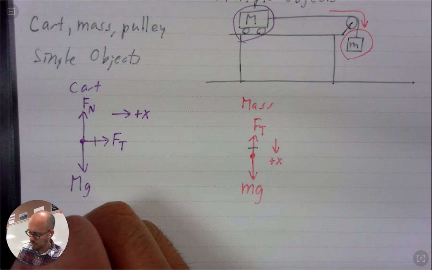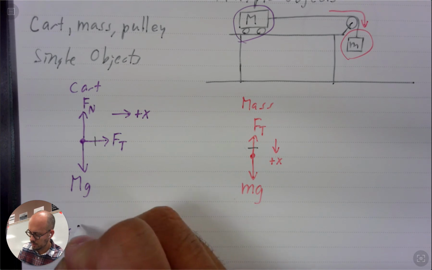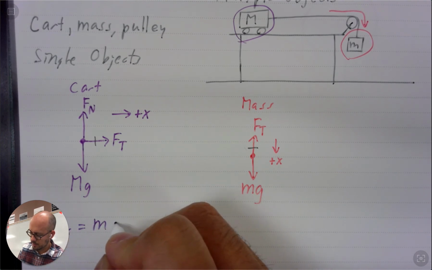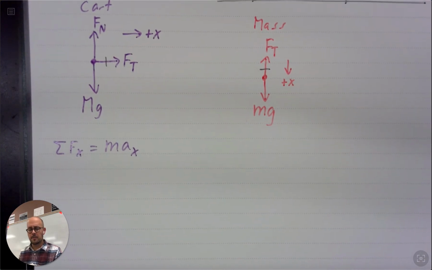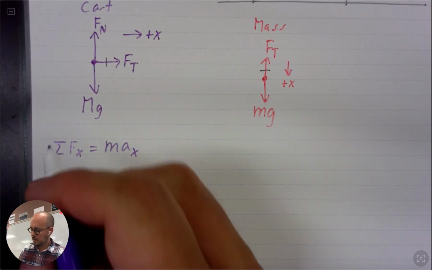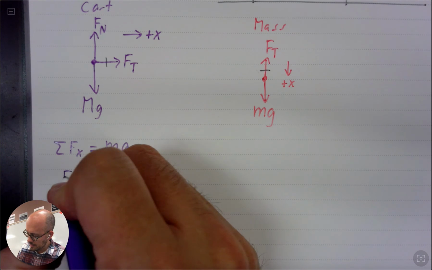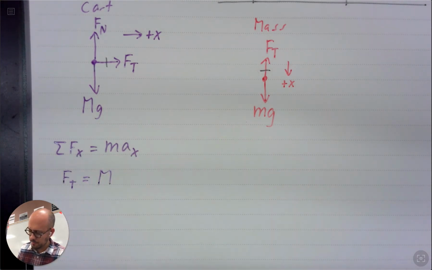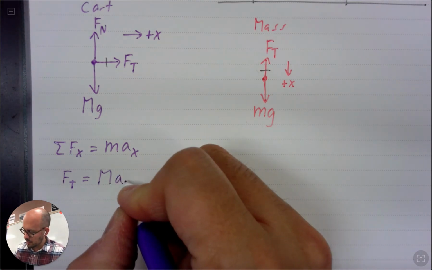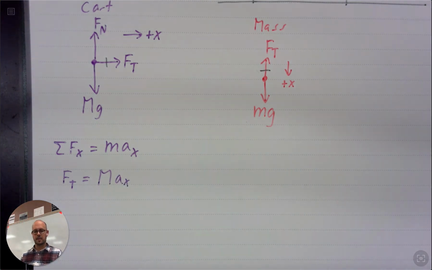So I'm just going to say net force in the x direction equals mass times acceleration in the x direction. And for the cart, it's pretty simple. The net force in the x direction is the tension force. The mass of the cart is capital M, and it has some acceleration. This acceleration is directed along the positive x-axis. So that's kind of it.